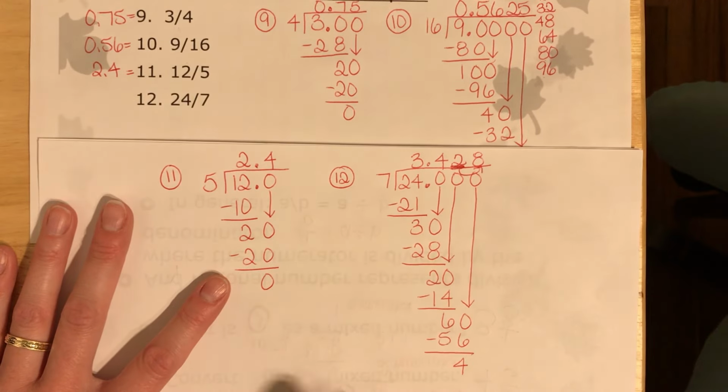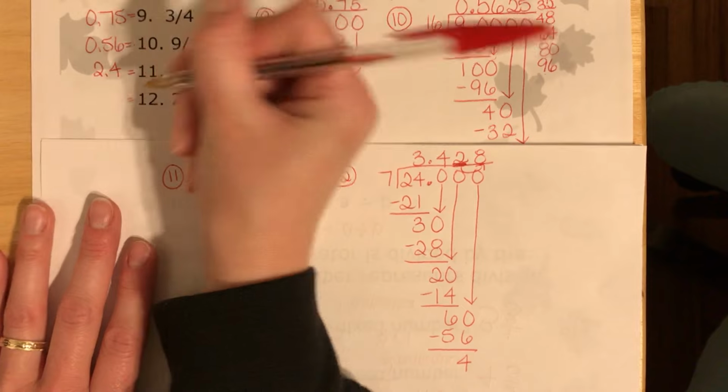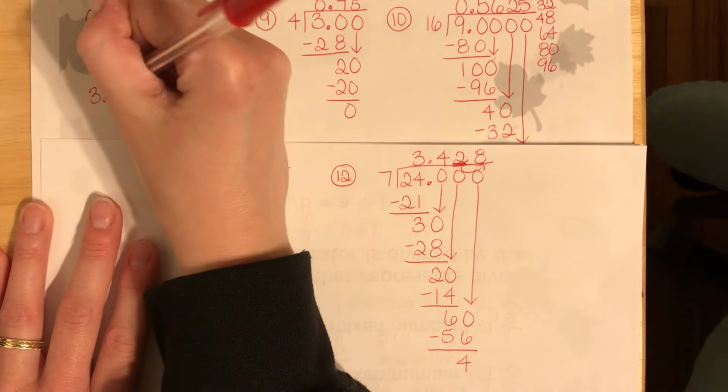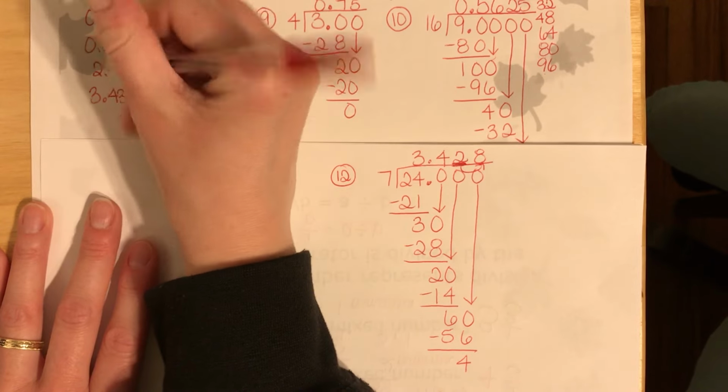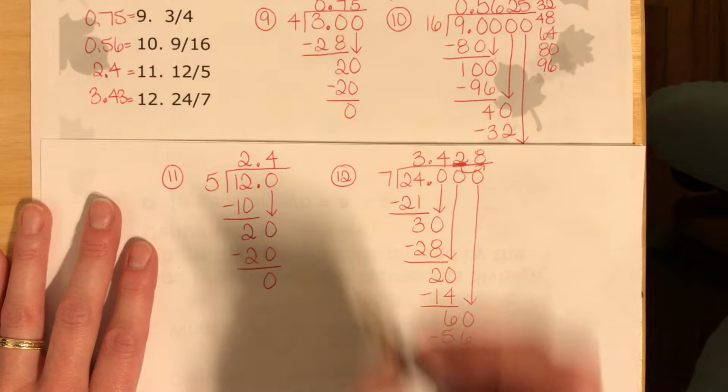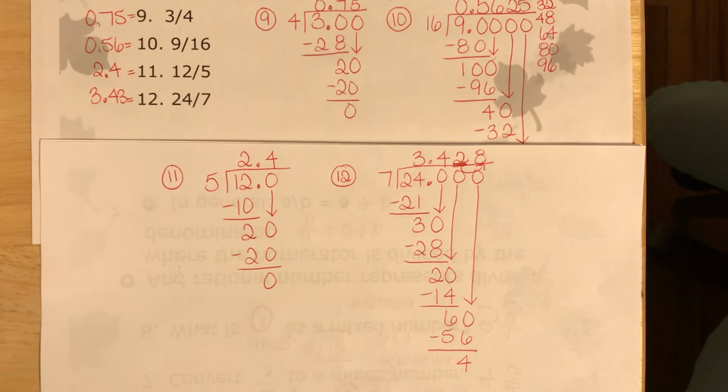So the 8 tells the 2 to go up 1. So my answer for 12 here rounded is 3.43. So again, an improper fraction will give me a decimal value greater than 1.